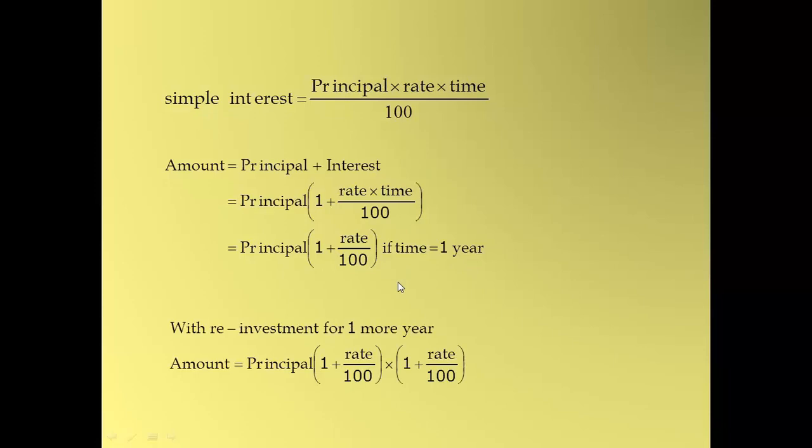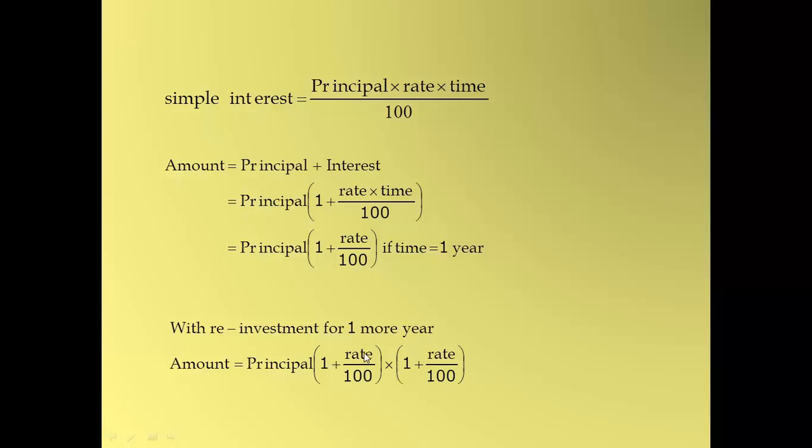Now, with reinvestment for more than 1 year, this is the amount with 1 year, right? So if I take that amount and I reinvest it, it becomes a new principal. So principal times 1 plus rate by 100, times 1 plus rate by 100 again, is the amount after 2 years at the rate.